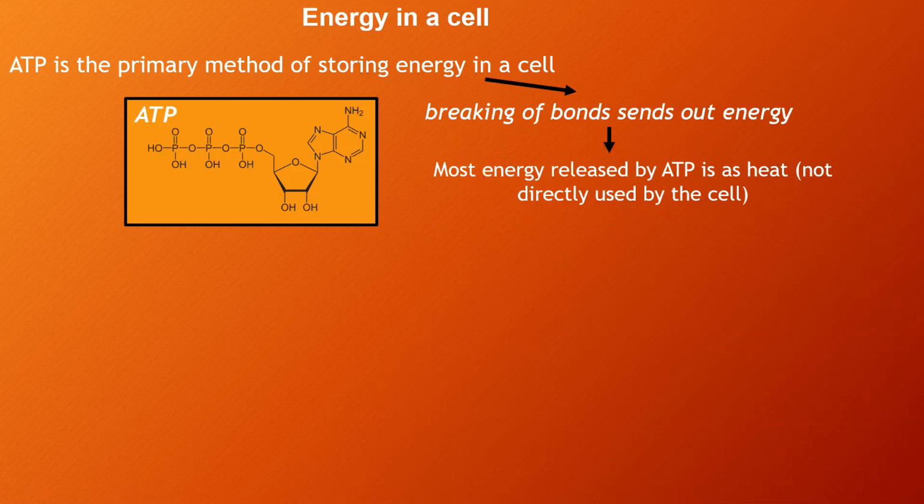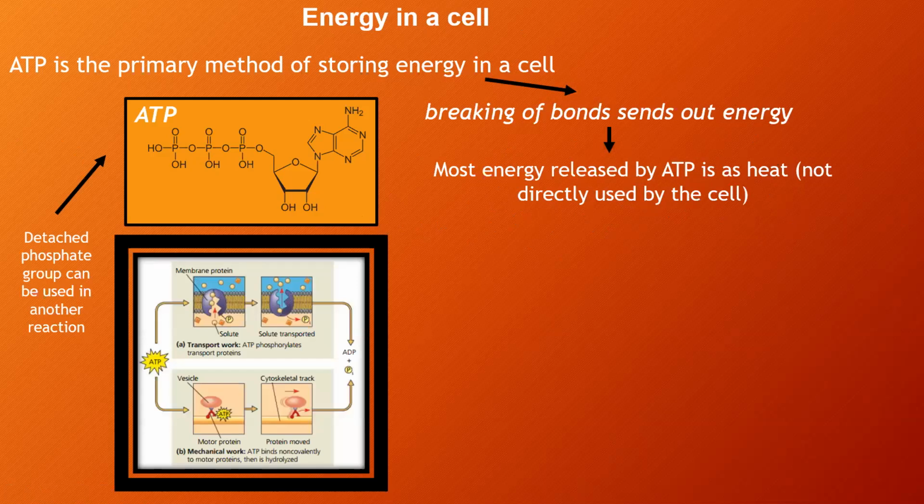And so even though we're creating these systems, we're trying to undergo each of these processes, detaching this phosphate will release energy, but it's not going to be completely picked up by the cell. And so some ATP will be used to, say, move things around the cell, vesicles being moved along these motor proteins, along the skeletal tracts. That requires energy.